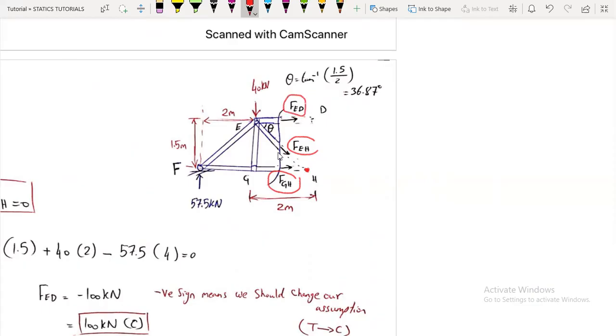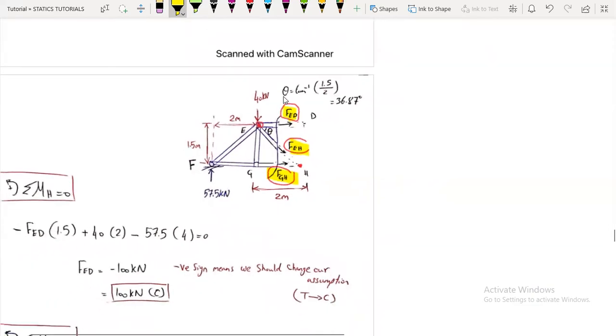Okay. Similarly, if we take the summation of moments about point E, both FED and FEH are passing through point E. So we will have one equation, one unknown, which is FGH. Okay.